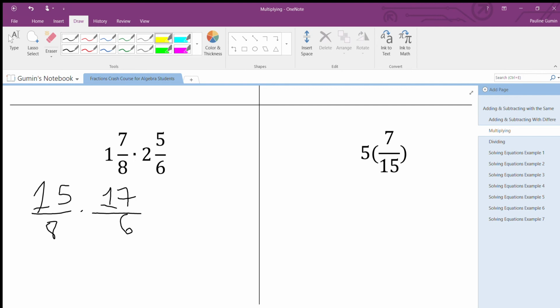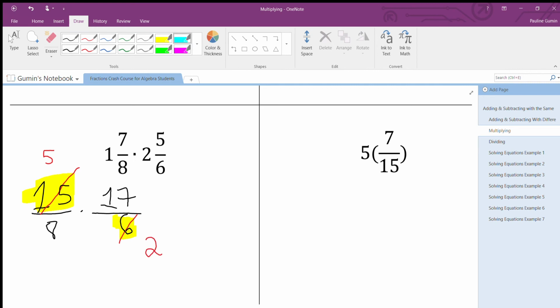Okay, let's see what we can reduce. 15. Can I reduce it with an 8 or 6? Well, I can reduce it with a 6. I can divide both 6 and 15 by 3, leaving us with a 5 and a 2.